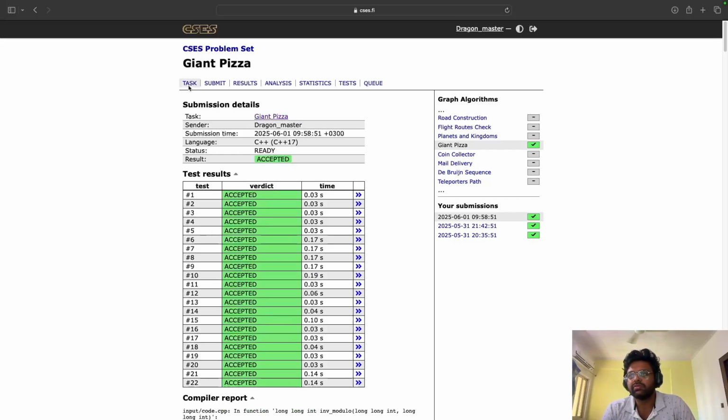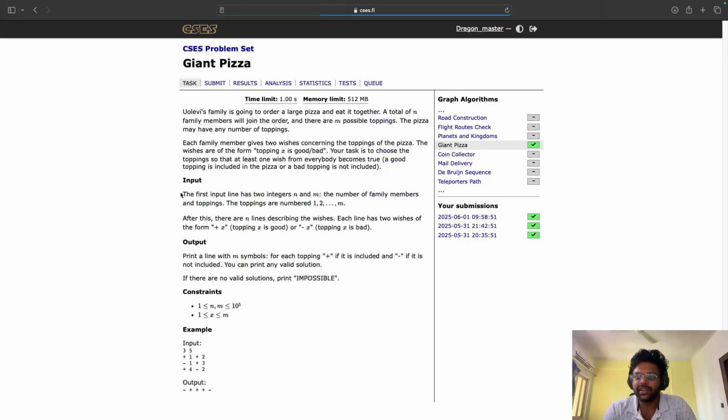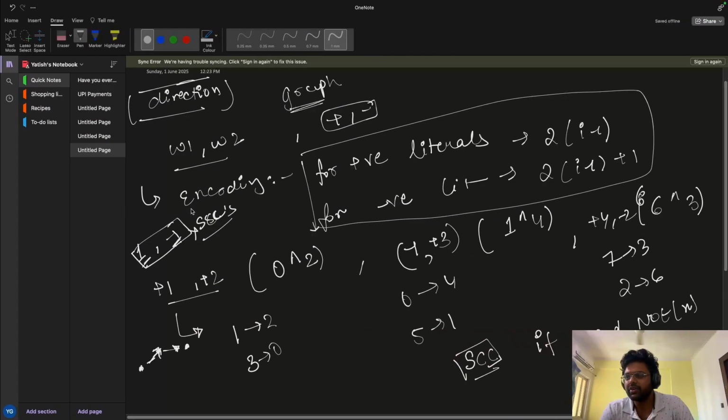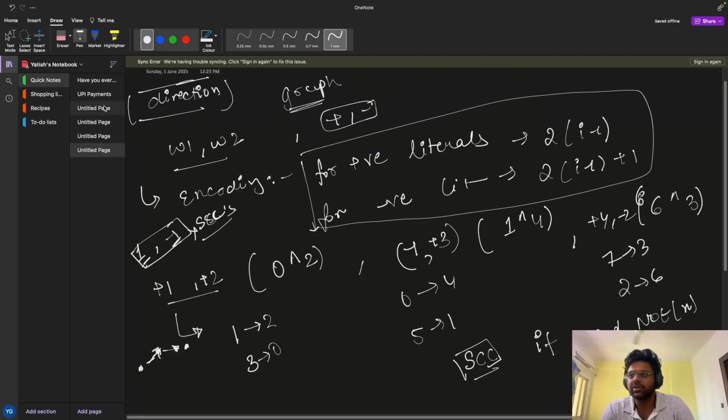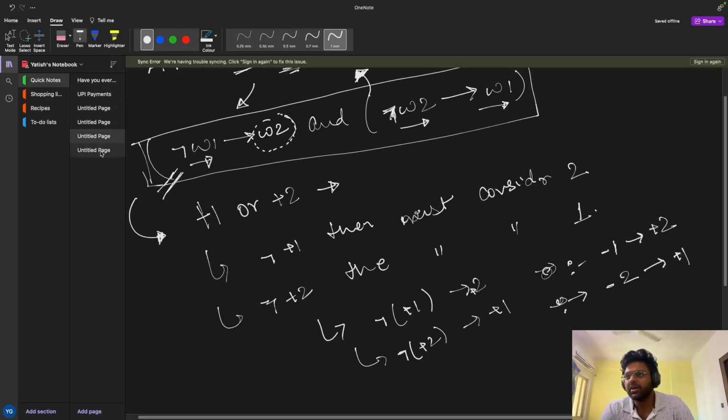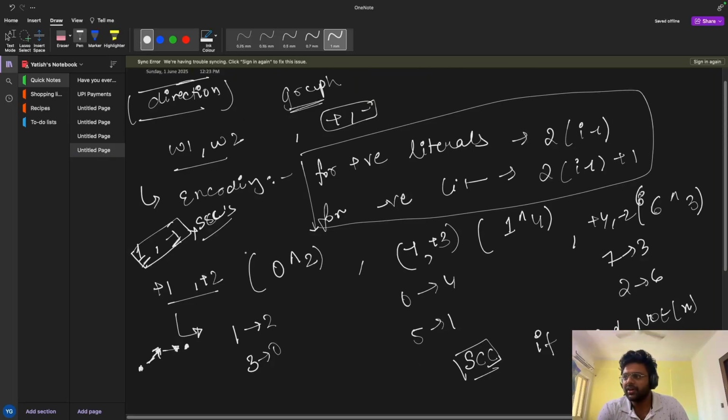I know the solution could be quite tricky because it's a very new algorithm and actually NP complete. And I would recommend you to read the two-set problem once as well. And if you have any questions or doubts, feel free to comment, and I would be resolving your doubts there as well.